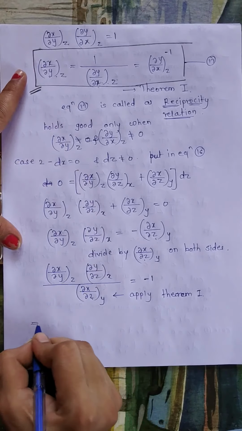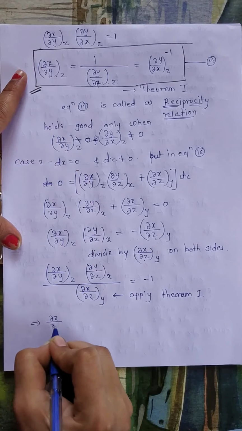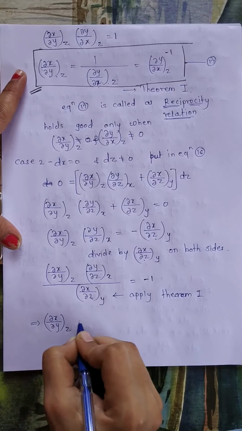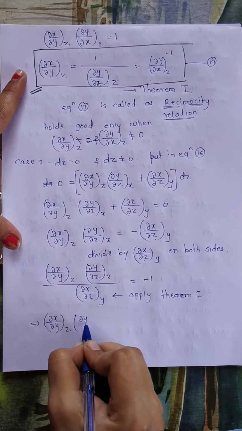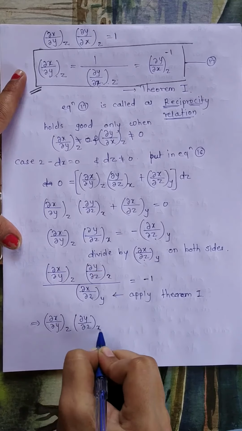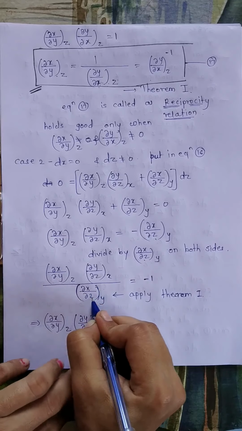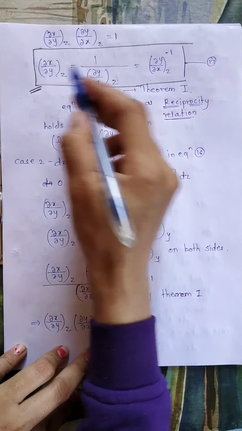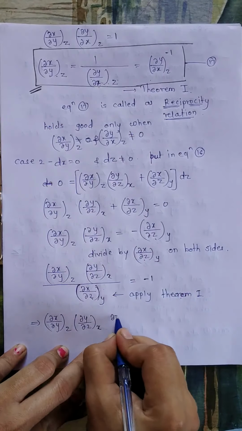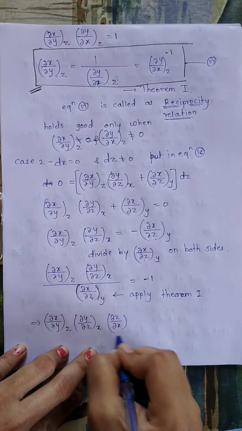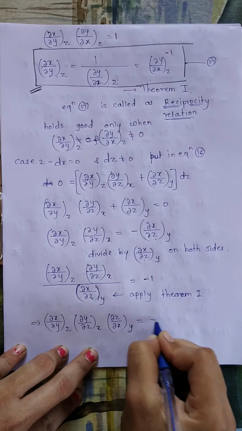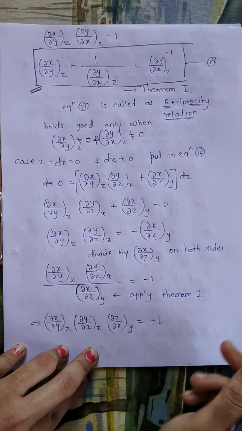Therefore, I will get here ∂x/∂y at constant z as it is, and this also as it is, ∂y/∂z at constant x. Now instead of 1 upon ∂x/∂z, according to theorem 1, I can write it as ∂z/∂x at constant y, and on the RHS there is -1.